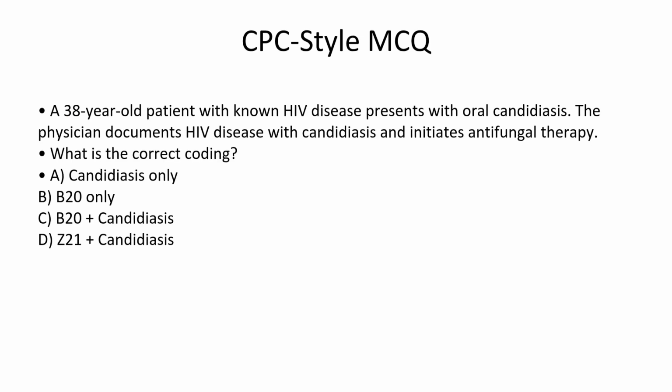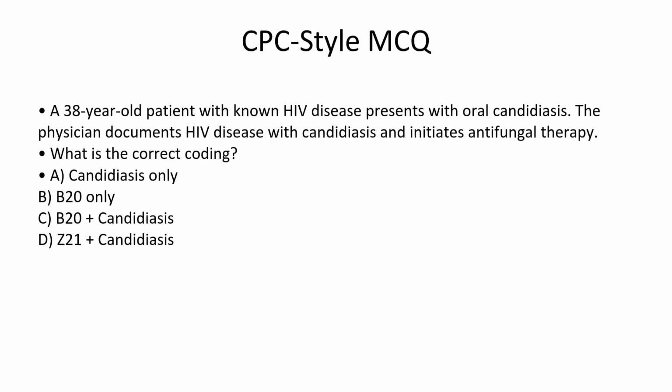In this question, the patient has HIV disease along with candidiasis, which is an HIV related condition. According to ICD-10-CM Guidelines, when HIV is associated with any related condition, we must assign B20 as the principal diagnosis, followed by the code for the related condition.